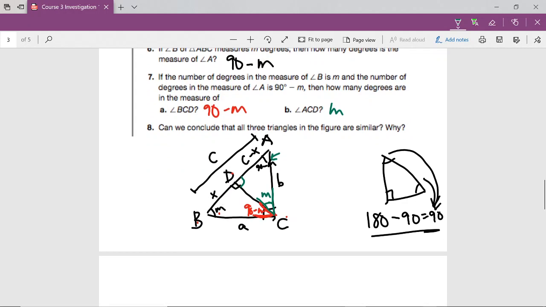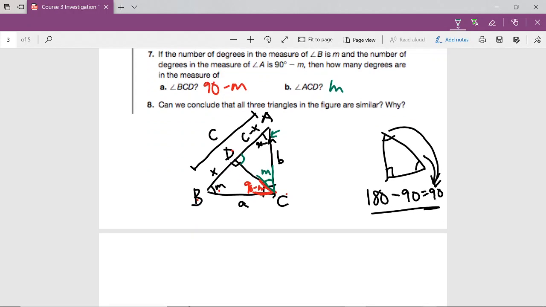Can we conclude that all three triangles in this figure are similar? And we say yes, and I'll draw out what we mean. So if I have the big one here, A, B, C, then I have determined that that has a 90-degree angle, that A is 90 minus m, and that B is m degrees. And then I have two smaller triangles in here. All right, I'll draw those.